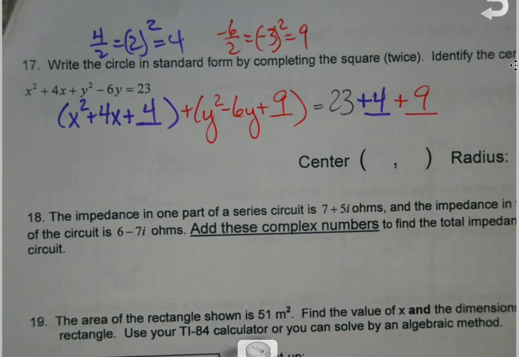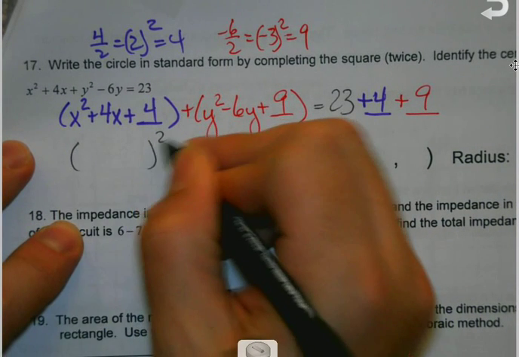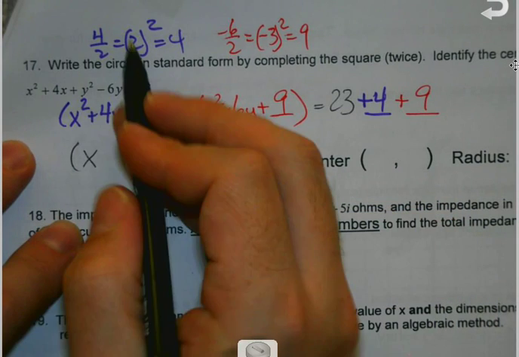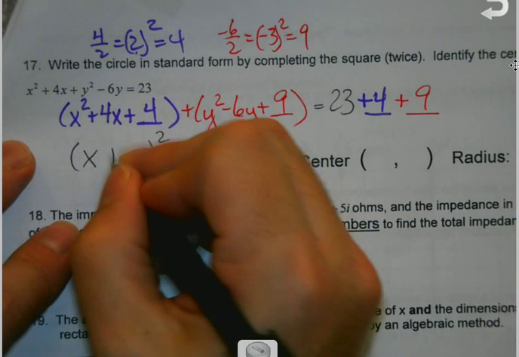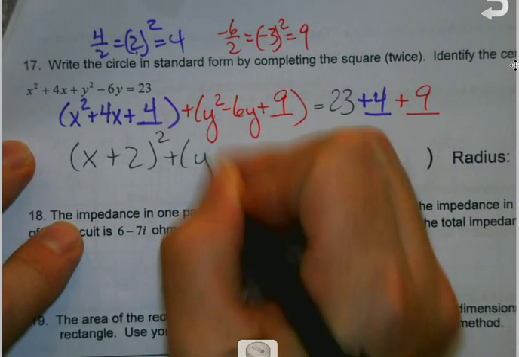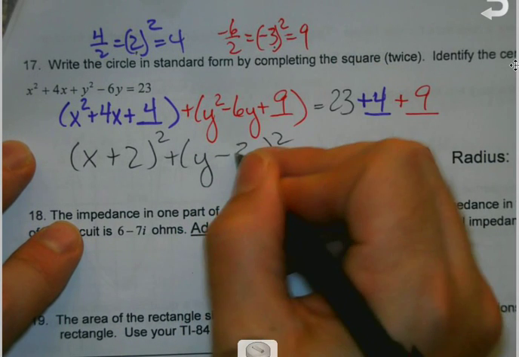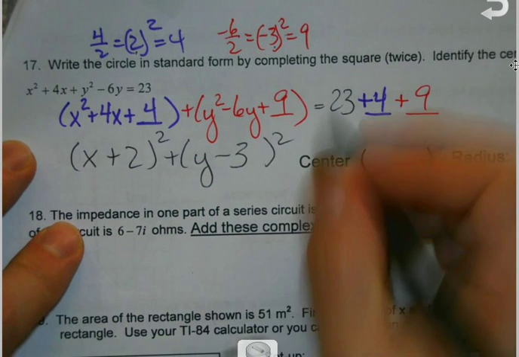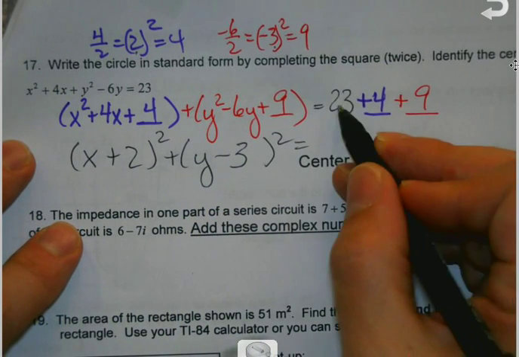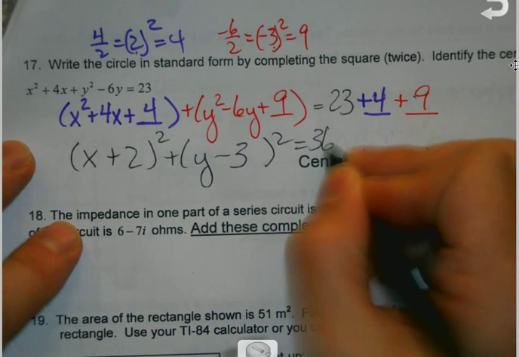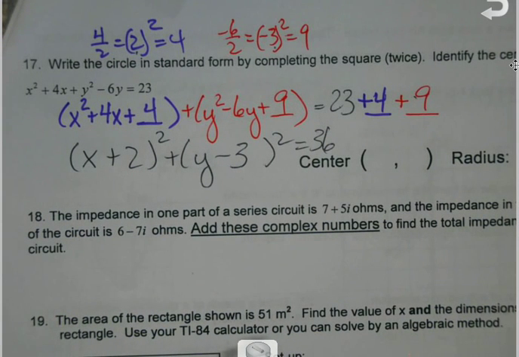And now the last step to get it into its circle form. X, you know it, positive 2. Y, keep using what's there. All the clues are there for you. And then 36. There is my standard form of a circle.